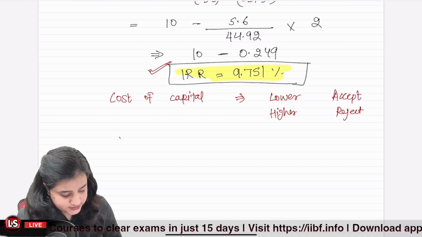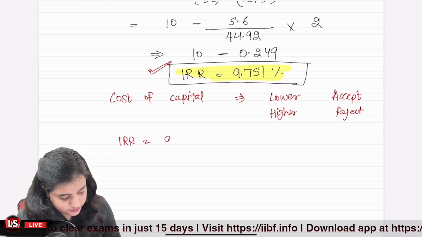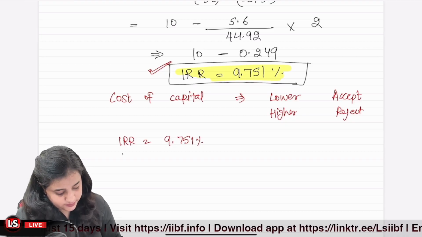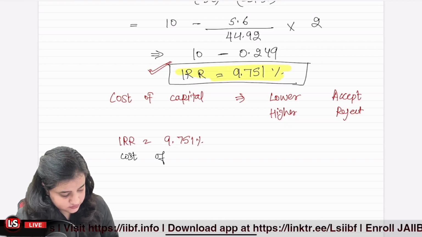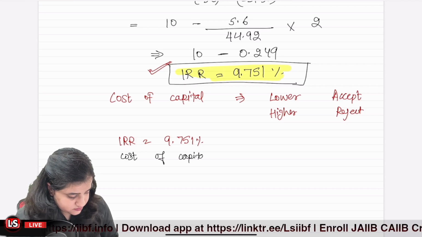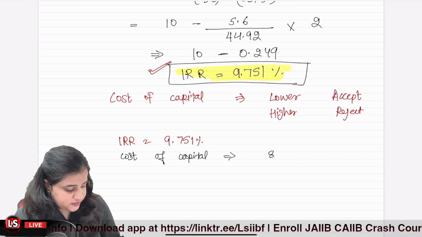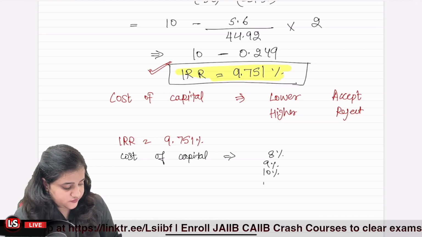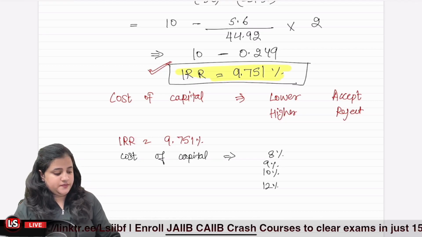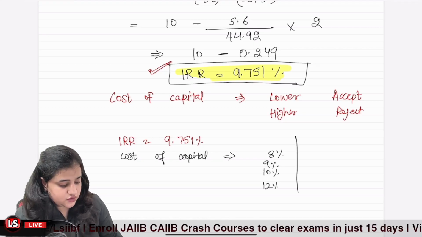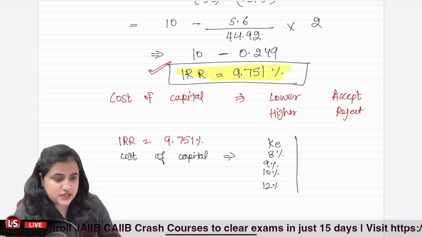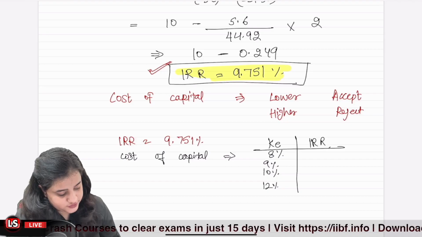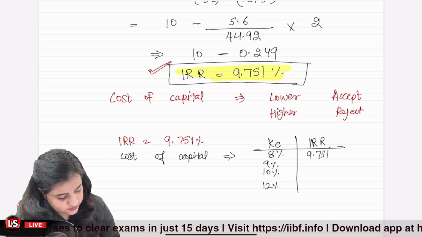So if a project has IRR of 9.751% and the cost of capital are 8%, 9%, 10%, and 12%. So this is the cost of capital. I can write KE, and this is IRR. What is IRR? 9.751.